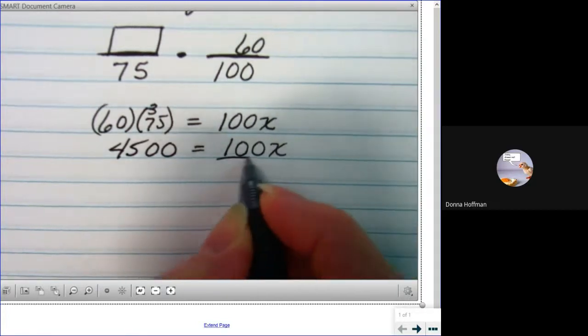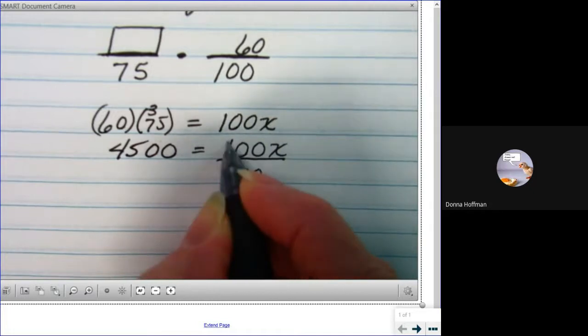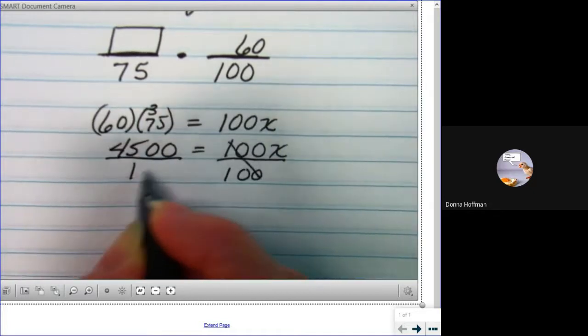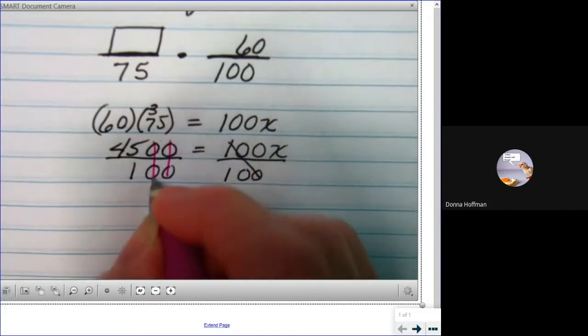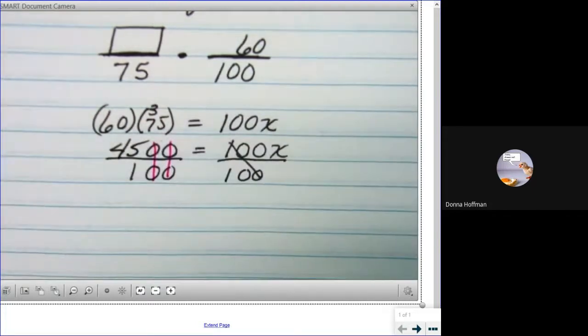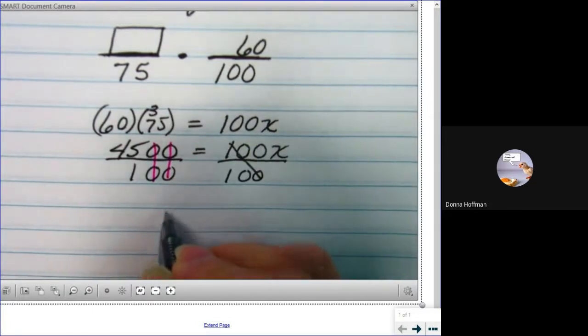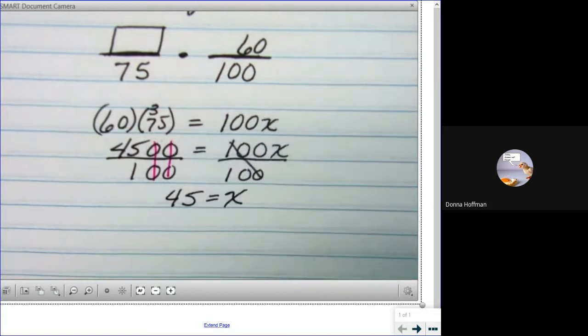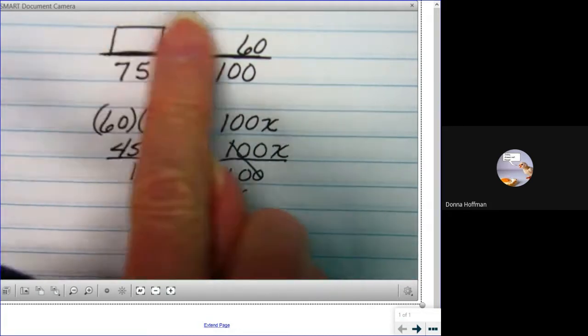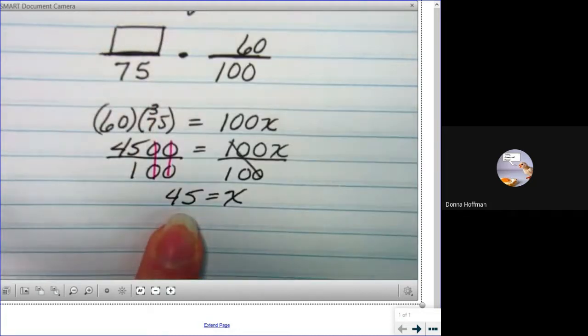Divide both sides by that 100. Zero, zero gone. And my answer would be 60% of 75 is 45.